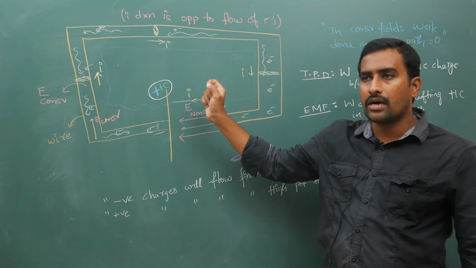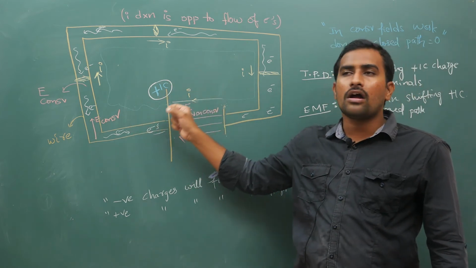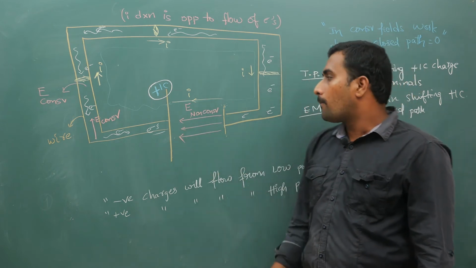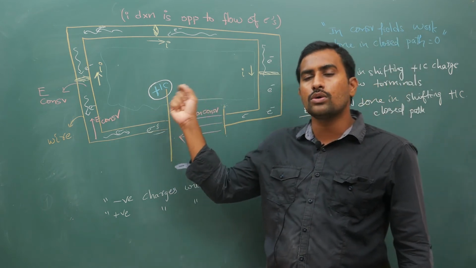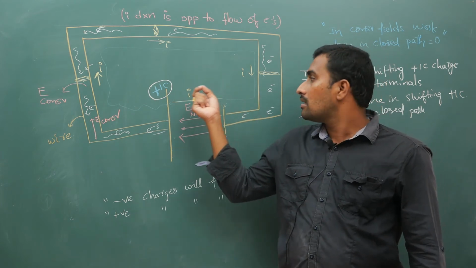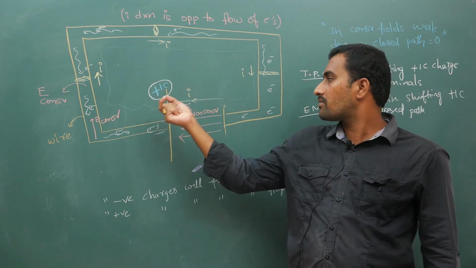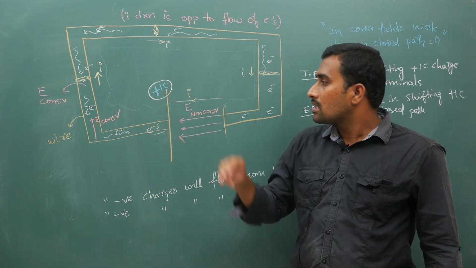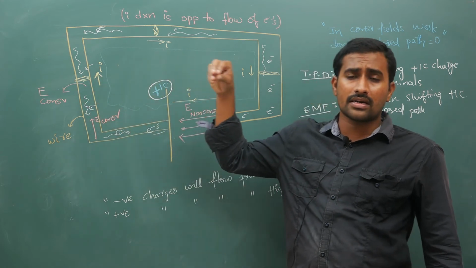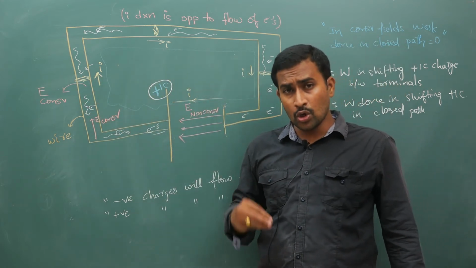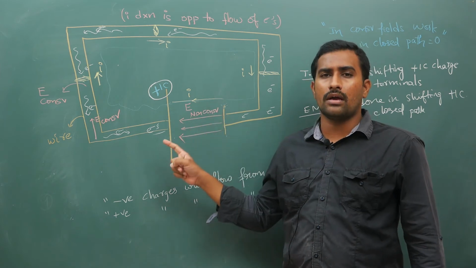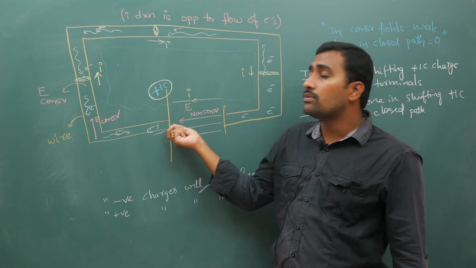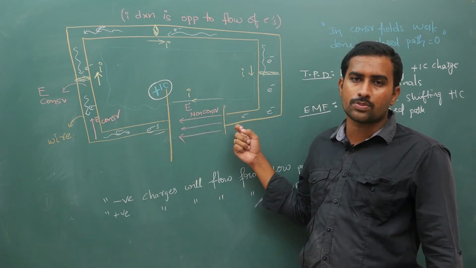Now you may get a doubt here: you have brought this in a closed path, so work done is charge times potential difference, Q times V minus V, which is once again 0. But that is not correct. Why? Because work done is 0 in a closed path only when you have a conservative electric field, and you have a conservative electric field only till this point.